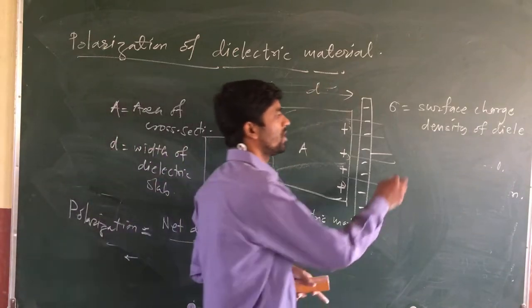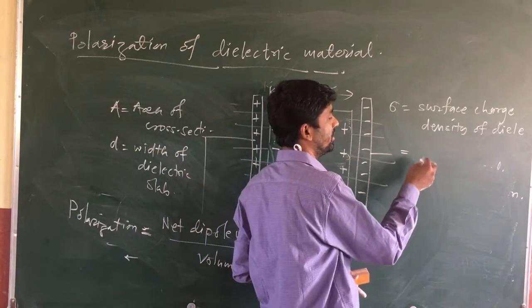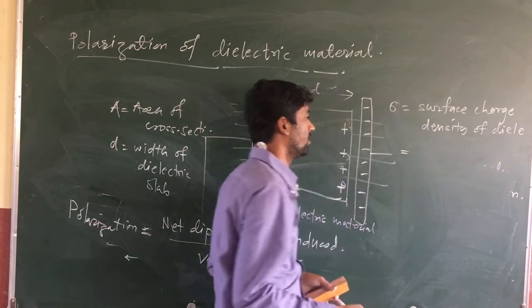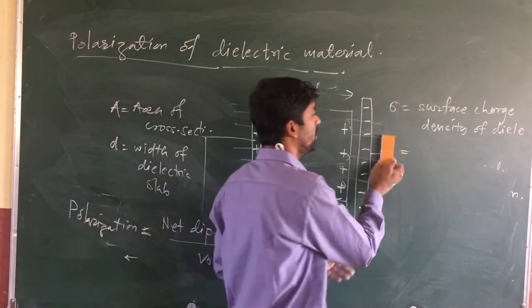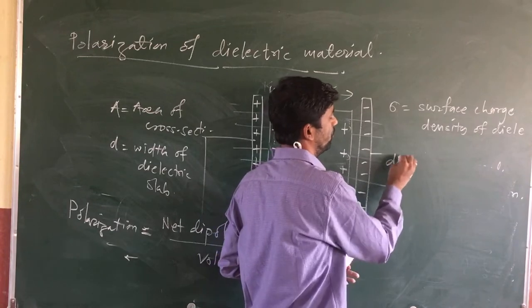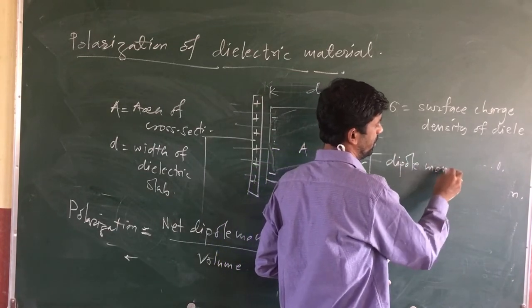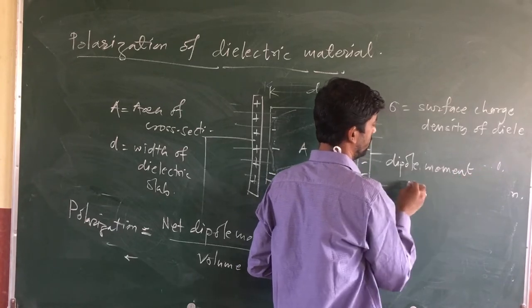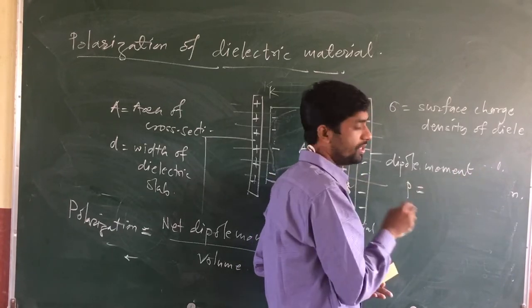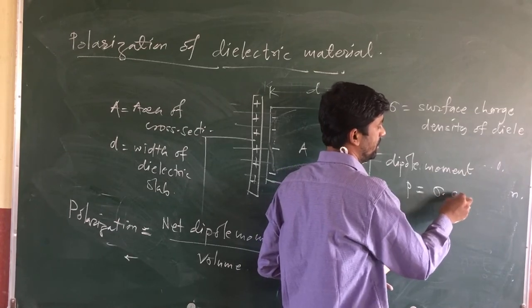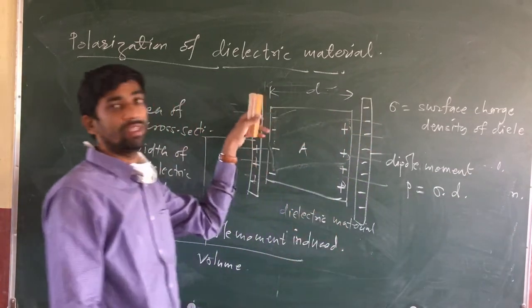So the net dipole moment p is equal to the surface charge density into D, where D is the distance between the two plates.